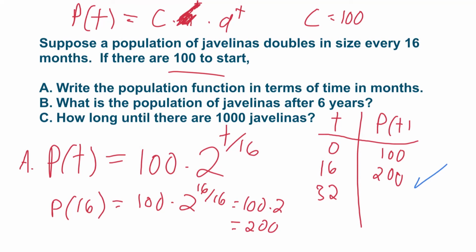And I get that because I have 100 times 2 to the 32 over 16, so 100 times 2 squared, so 400. So keep in mind that to answer the question for part A, we didn't need to make this table. It is, however, a nice sanity check to make sure that what we've come up with is consistent with what we're being asked to create.